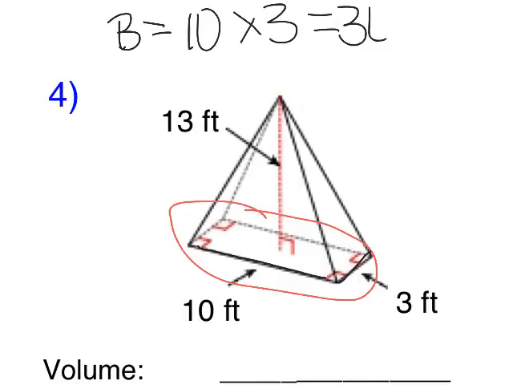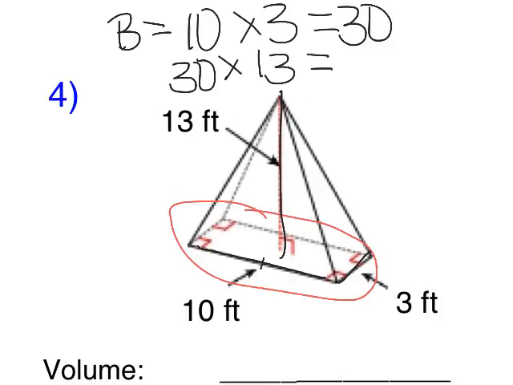And then we're going to take that and multiply that by our height of 13. So that's right here. So 30 times 13. And that comes to 390.